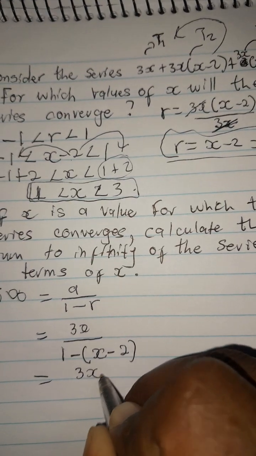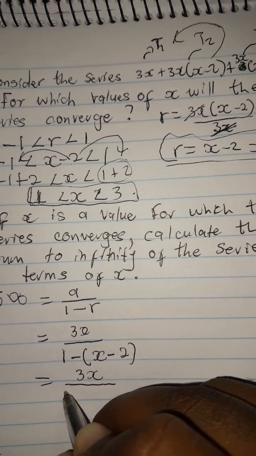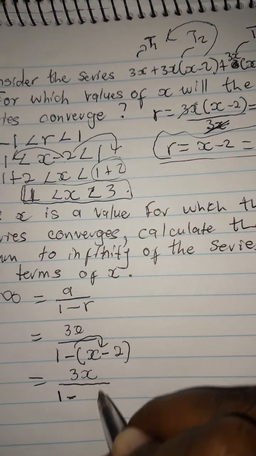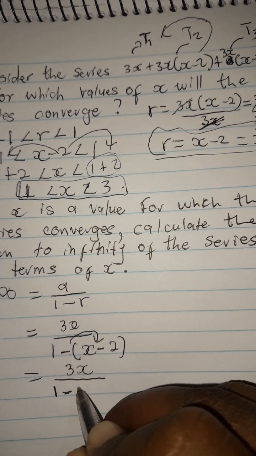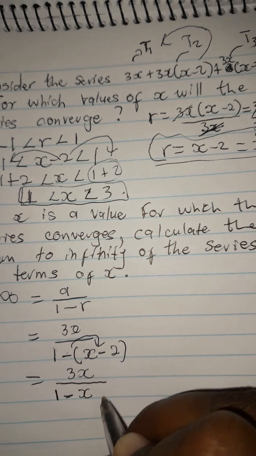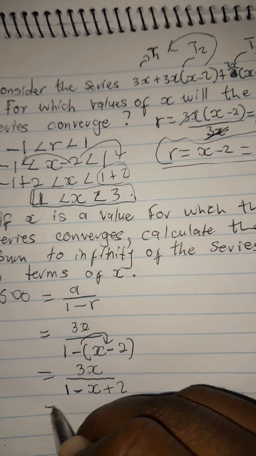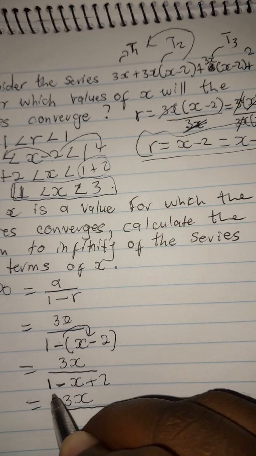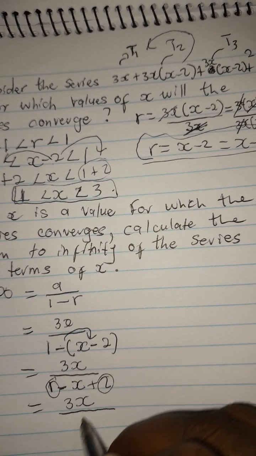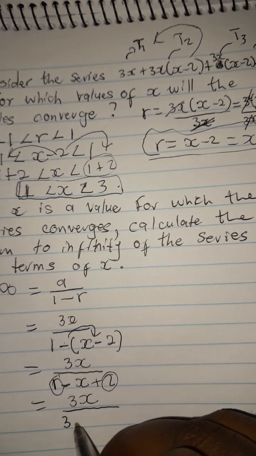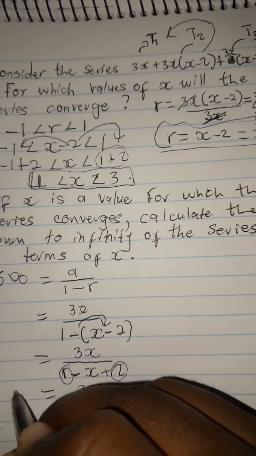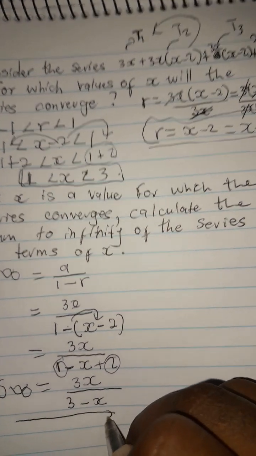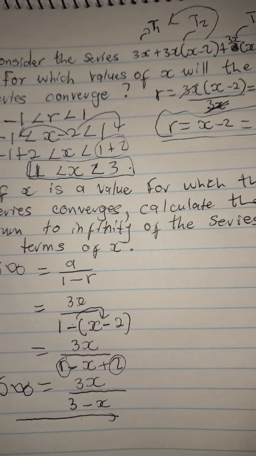So let's work it out. 3x, divided by 1 minus the bracket x minus 2. The negative will multiply everything that is inside the bracket. Negative multiplied by x will be negative. Negative and negative will be positive. So step by step, we have 1 plus 2. What is 1 plus 2? It's 3. So it's 3 minus x. So the sum to infinity in this case, in terms of x, will be 3x divided by 3 minus x.